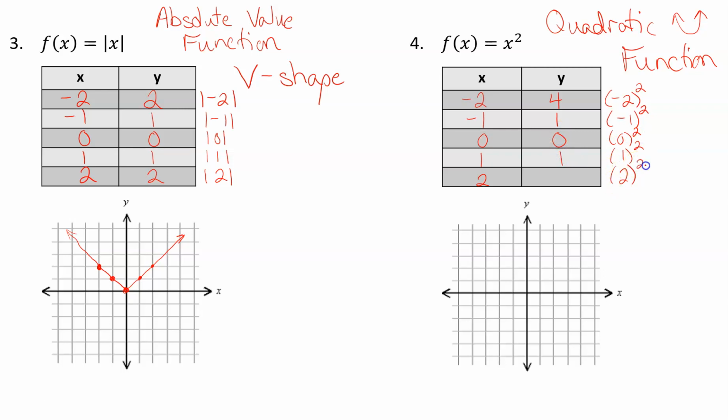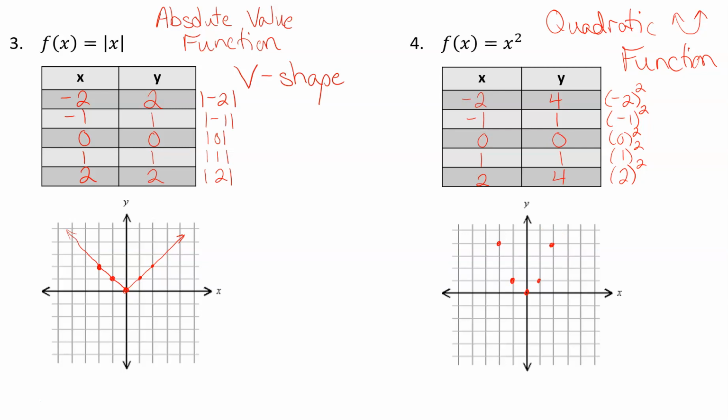And 2 squared is +4. So let's draw that graph. We're going to plot -2, 4. -1, 1. 0, 0. 1, 1. And 2, 4.